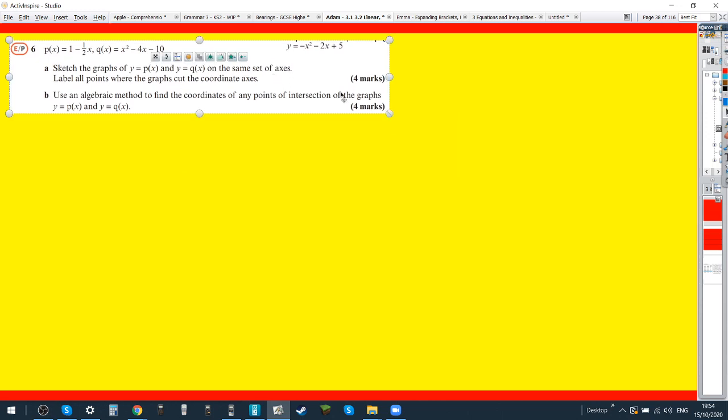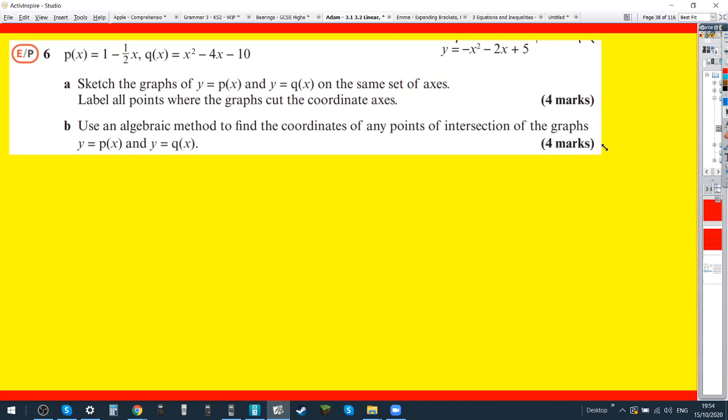Let's see this one. Part A is you sketch these two graphs, and then part B is you use an algebraic method to solve to find the points of intersection. What would be step 1 in part B?